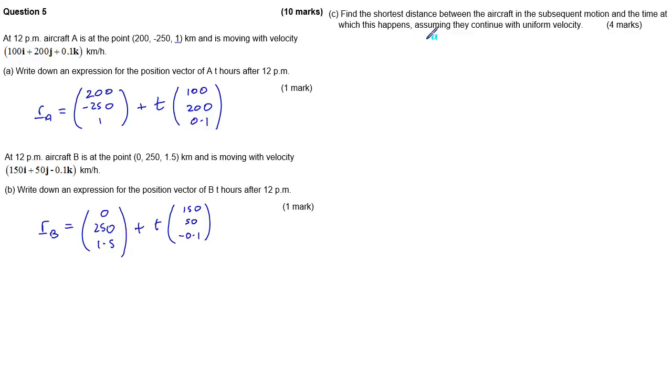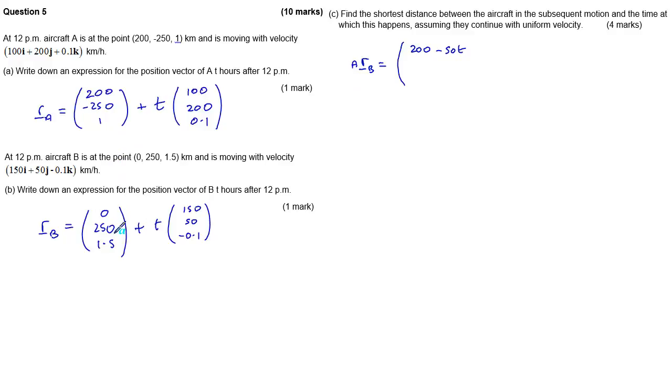We now want to find the shortest distance between the aircraft in the subsequent motion and the time at which this happens. So if we do ARB, so that's RA take away RB, so 200 take away 0 is 200, and 100t take away 150t is minus 50t.